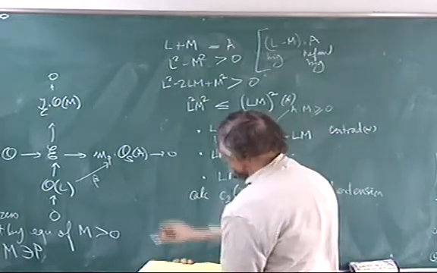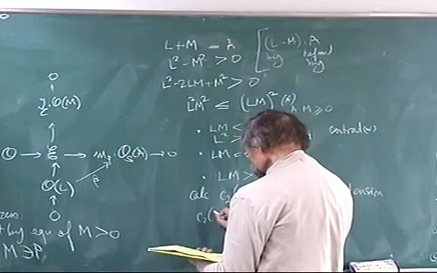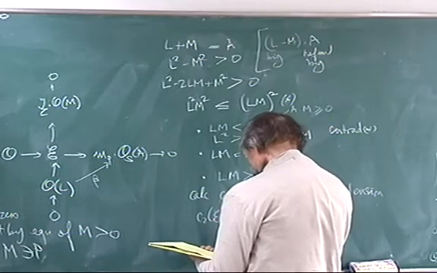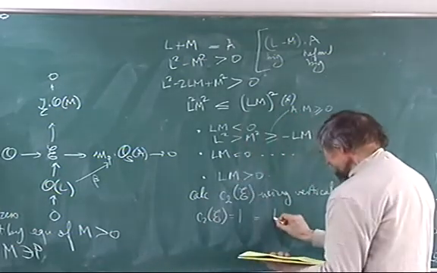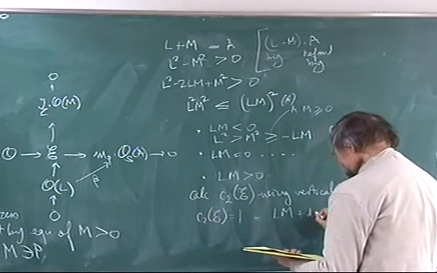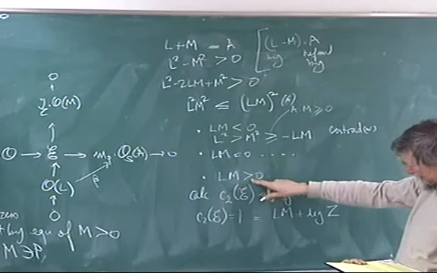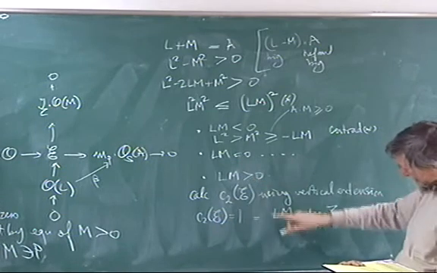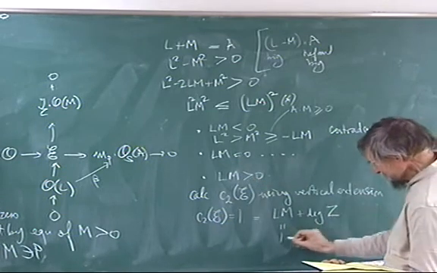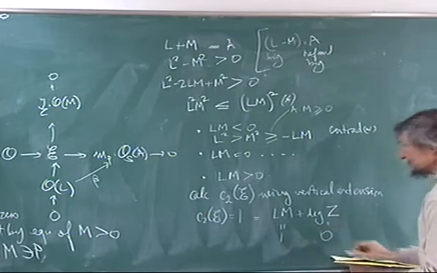So we know that c2 of E is equal to 1. But on the other hand, this is supposed to be L·M plus the degree of Z. And we're assuming, as a case assumption, that L·M is greater than 0, and so this is 1 and this is 0.